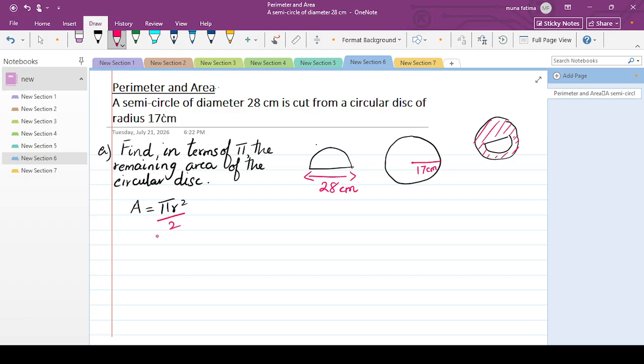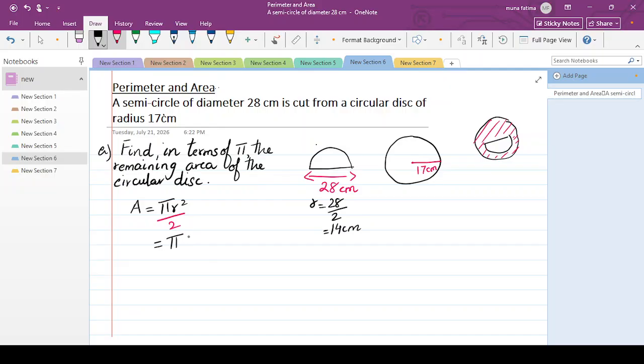We don't substitute the value of pi because we're just supposed to find the answer in terms of pi. If the diameter is 28, then the radius is going to be half of that, 28 divided by 2, or 14 centimeters.